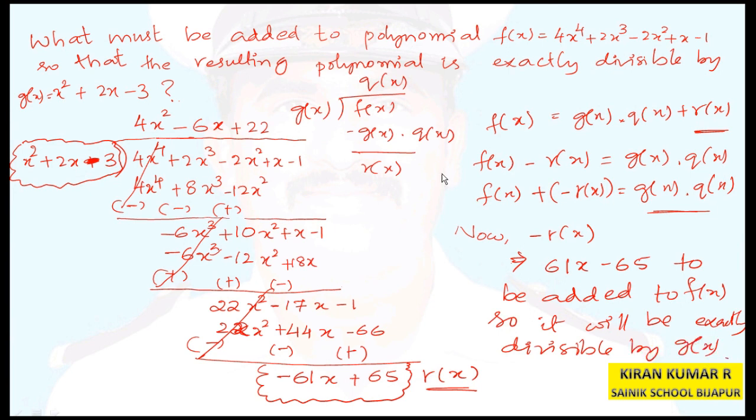Isn't it simple? Divide using long division method. Whatever the remainder we get, negative of that remainder to be added. Very simple.